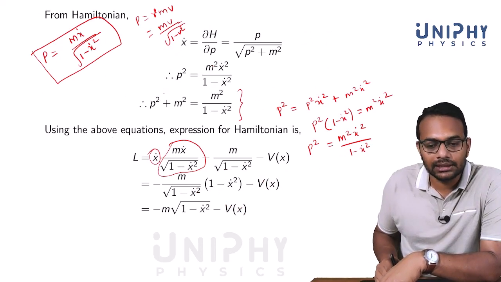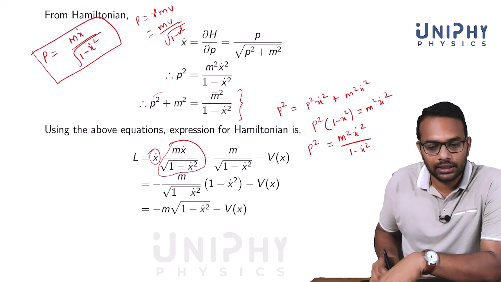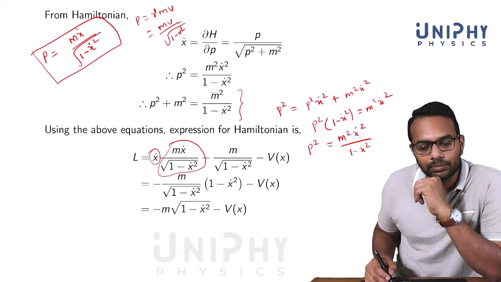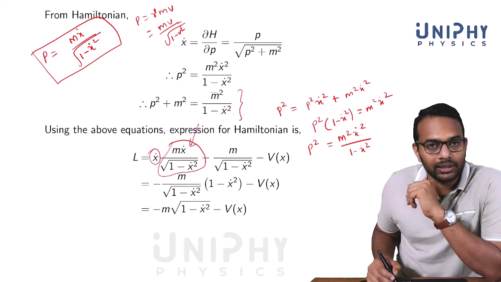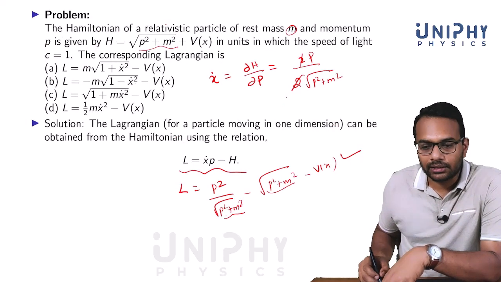From here you see that square root of p square plus m square is m divided by square root of 1 minus x dot square. We just take the square root of this. You could substitute in any way you like, but this seems to be the simplest step to take. So you write the relativistic momentum which you obtained from here.